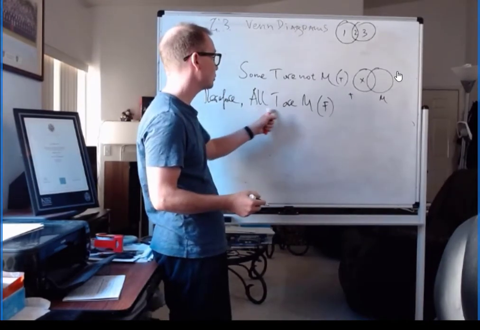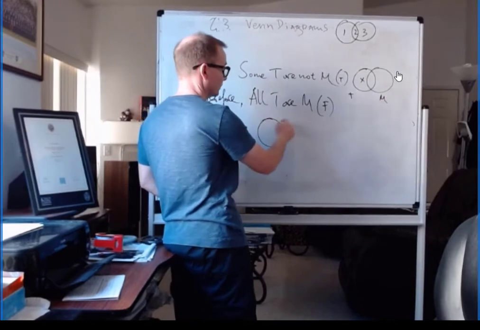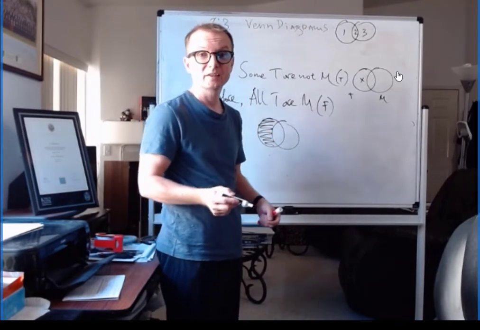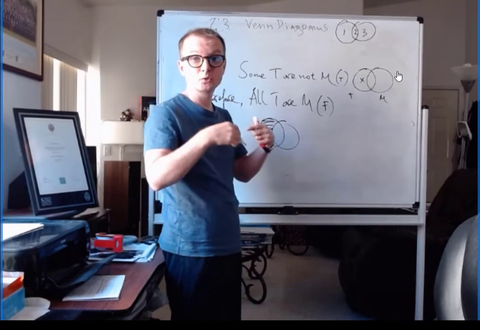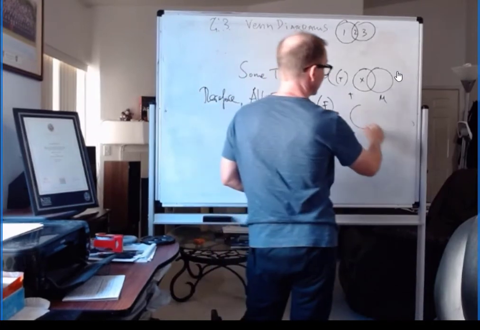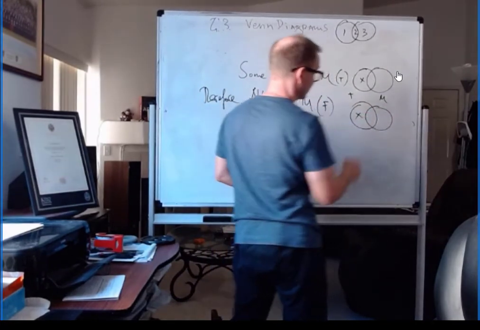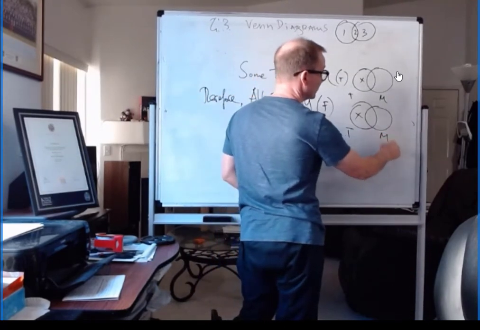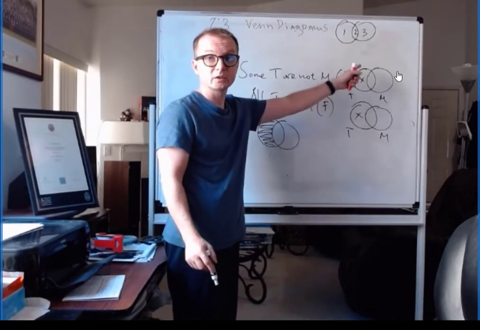So, how would all T are M look like? Remember, it would look like this. But it says it is false, so you have to change shading for an X. So the way you will actually draw it is this. You change the shading for an X. And now you can immediately see why it is valid. It's exactly the same picture.